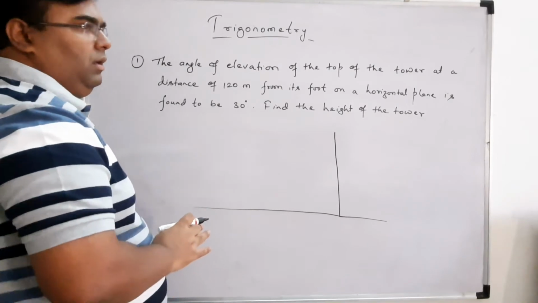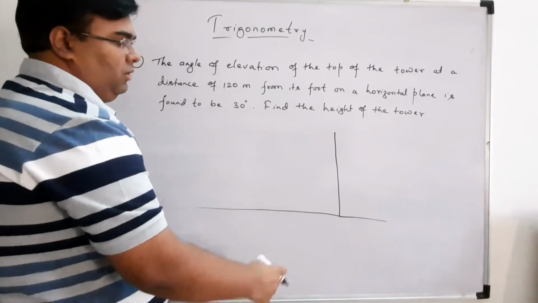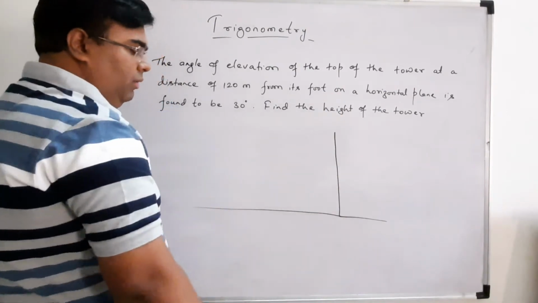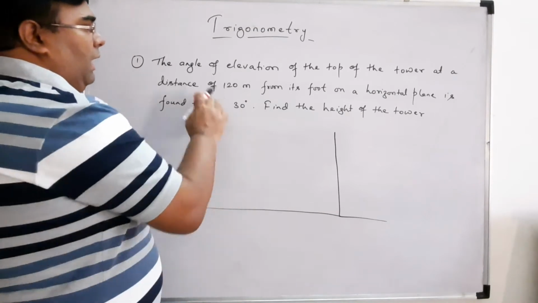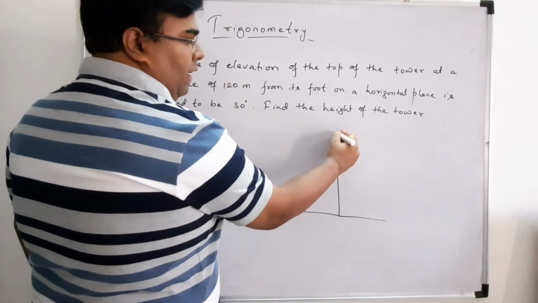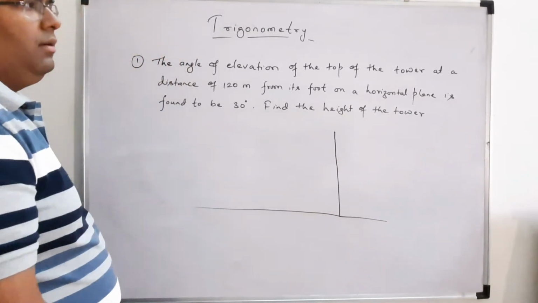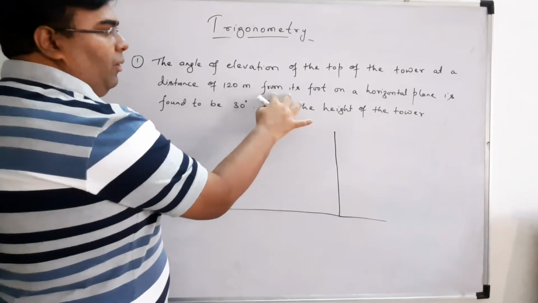You need to always make a right angle triangle. So the tower is there, which is perpendicular to the ground, and the ground is there. Now it is saying that the angle of elevation of the top of the tower means someone is looking at this point, from 120 meter from its foot.